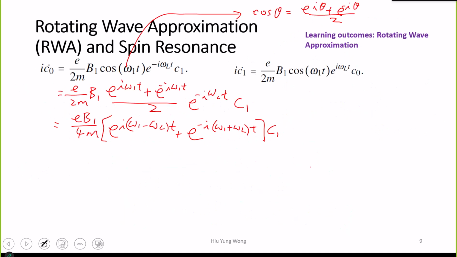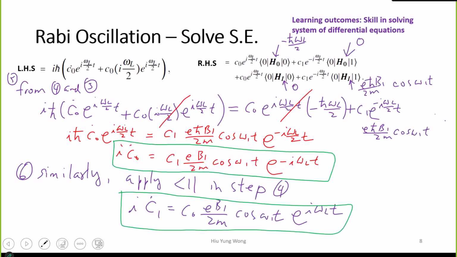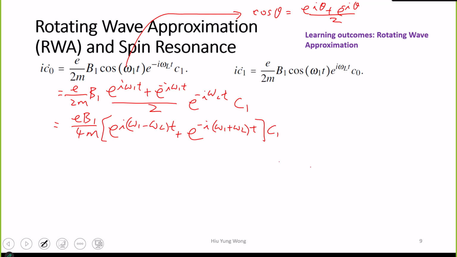But here what I'm trying to say is, omega L minus omega 1, which we call the detuning delta, you will see very frequently in different quantum mechanical problems.